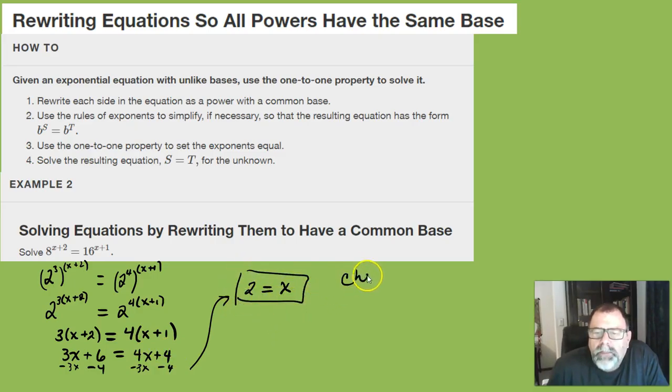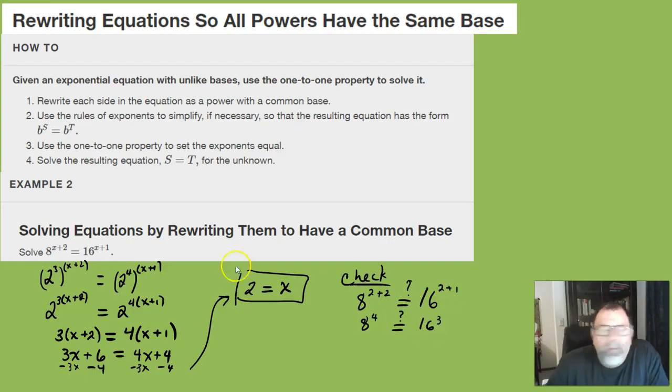Okay, if we want to check just to make sure, 8 to the 2 plus 2, does that equal 16 to the 2 plus 1? So 8 to the 4th, does that equal 16 to the 3rd? So let's see, we'll get Desmos or a calculator.